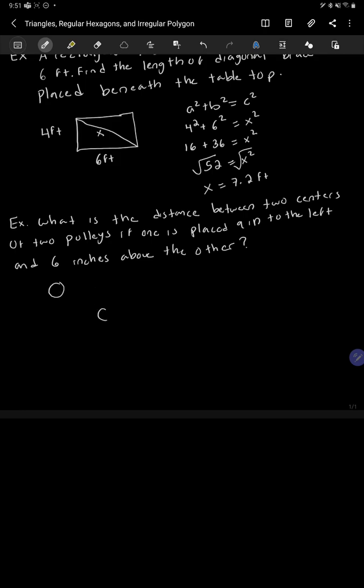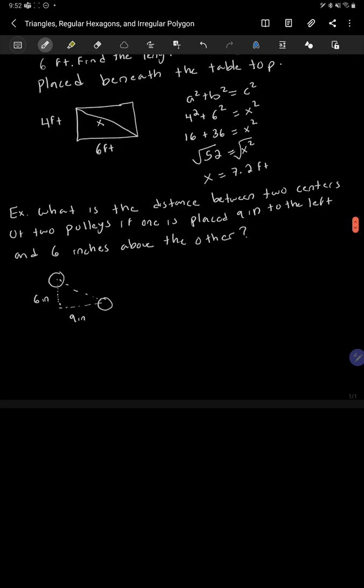The other one we know is somewhere over here. We know the distance between this one and the ground is 6 inches, and they're 9 inches apart. And so we want to find how far they are from each other.